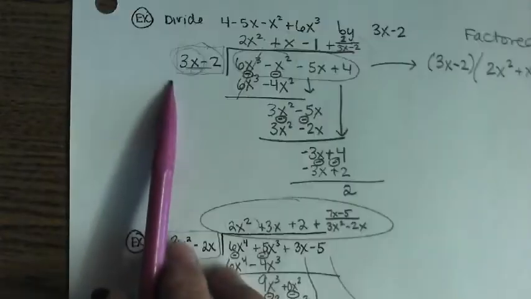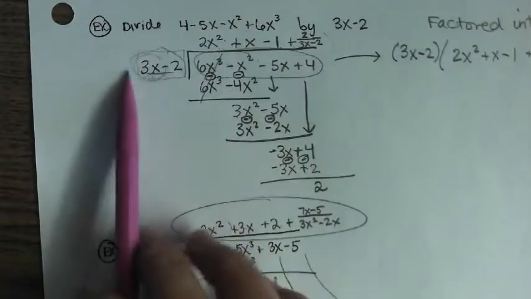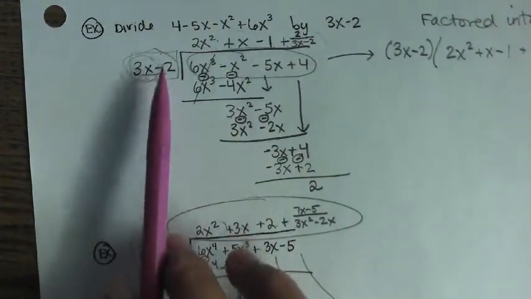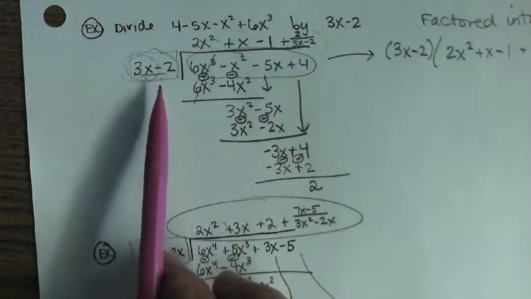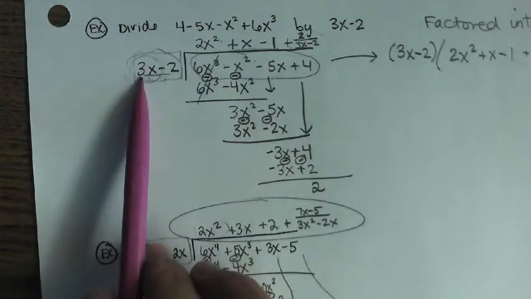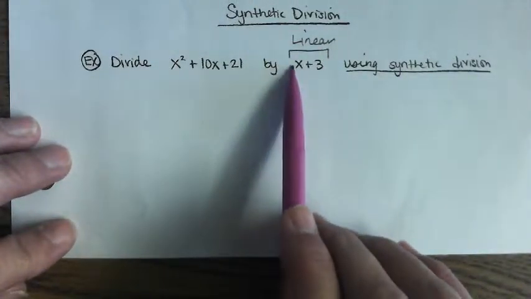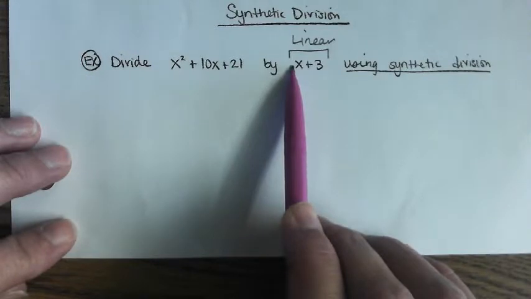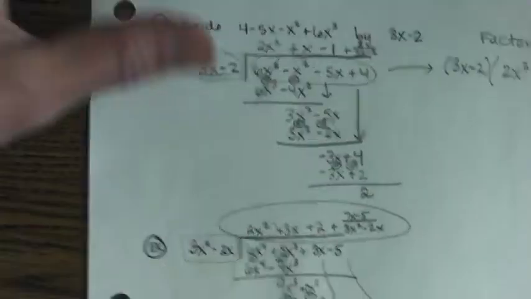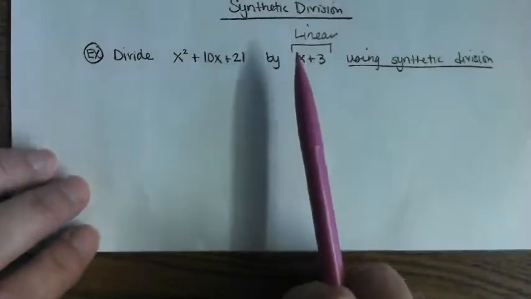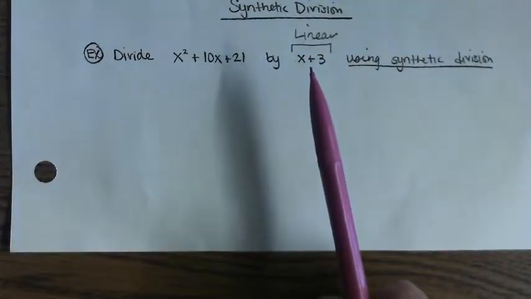We can do it, this was a linear factor, we can do it with something like this, but it is a little bit more tricky because this has a coefficient. So it is best used when you're dividing out a very basic linear factor with a coefficient of just 1 on your x. Again, it can work here, but there is something we'd have to adjust first. But for the most part, it's always when we're dividing out a very basic linear factor.